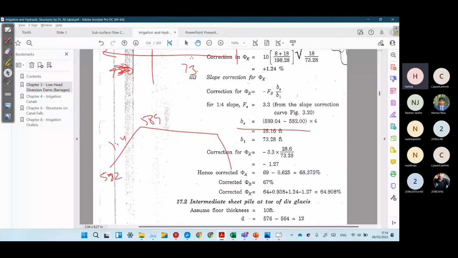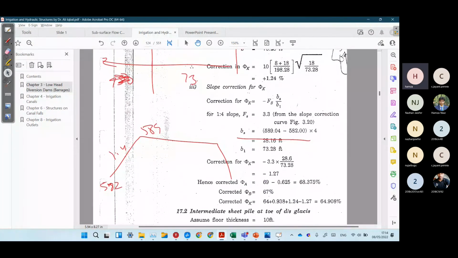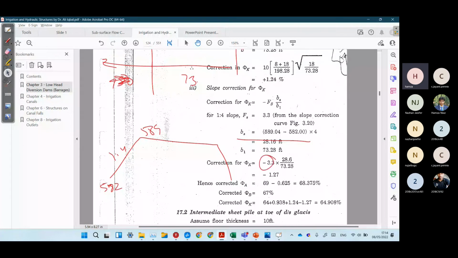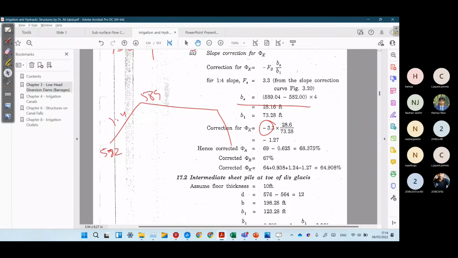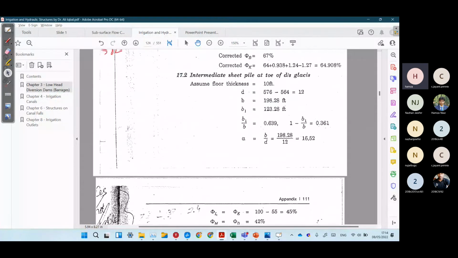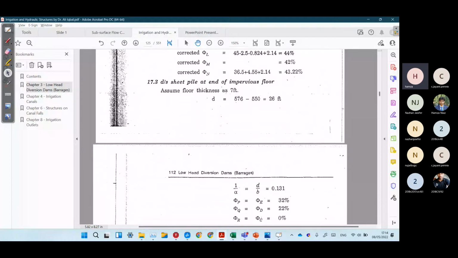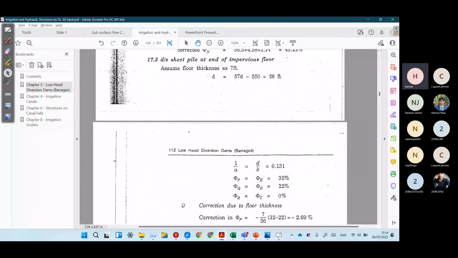B1 is the distance between the piles, and they calculate this simple K. 3.3 is obtained from the table, negative because it is upward. They calculated this correction, apply this correction again, and do this. And again, do the same for downstream and for the intermediate.